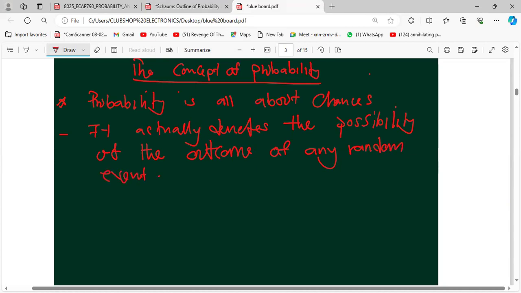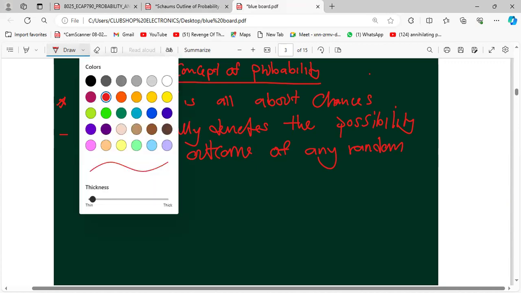So we are saying that's about possibility, that's about chances. Is there a chance that something can happen? Or is there a possibility that an event cannot happen?